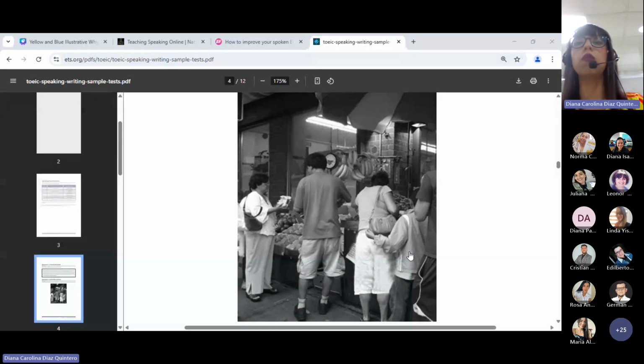The goal is that I can interrupt you and say, okay, let's stop. It's really important. For example, when we take the IELTS test, it's really nice when the examiner stops us. When you finish before the examiner stops you, it's really bad. Okay, so we're going to have a minute and a half to prepare the description. Let's go.